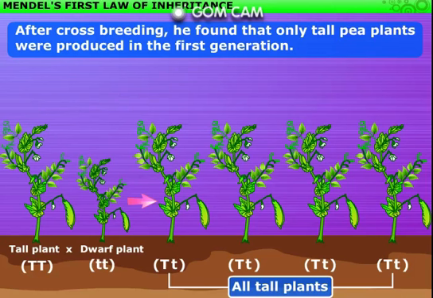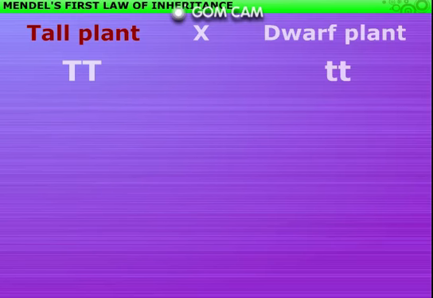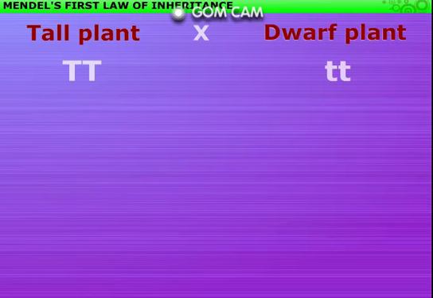The crossing can be understood in detail with the help of a flowchart, where capital T stands for tall plant and small t stands for dwarf plant.